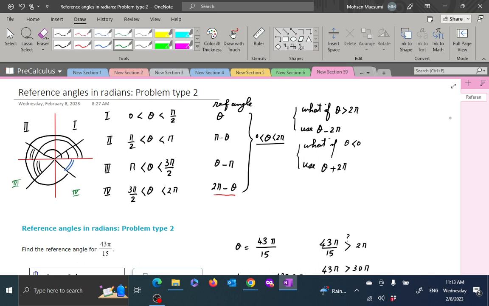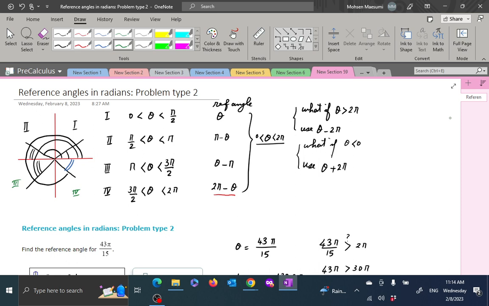If you're in the first quadrant, then the angle that you have is fine. If you're in the second quadrant, the reference angle is pi minus what you started with. If you're in the third quadrant, theta minus pi is the reference angle. If you are in quadrant 4, your reference angle is 2 pi minus the angle you started with.